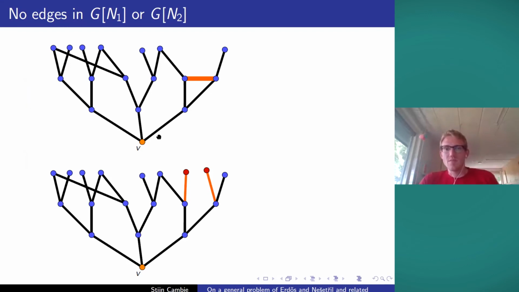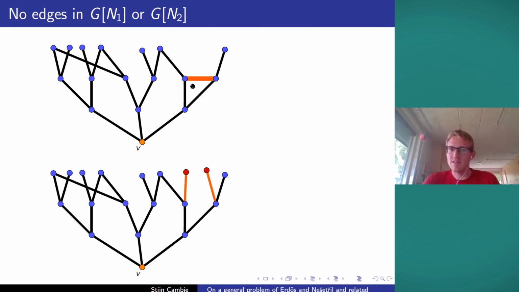So for example, here we have our favorite vertex V, and we have this thick orange edge, which is at distance 2 from V, which connects 2 vertices, both being at distance 2 from V. So then, in this case here, we have a C3, and possibly a C5. And we want to show that this can't happen in an extremal graph. Due to our weaker conditions, it's easy.